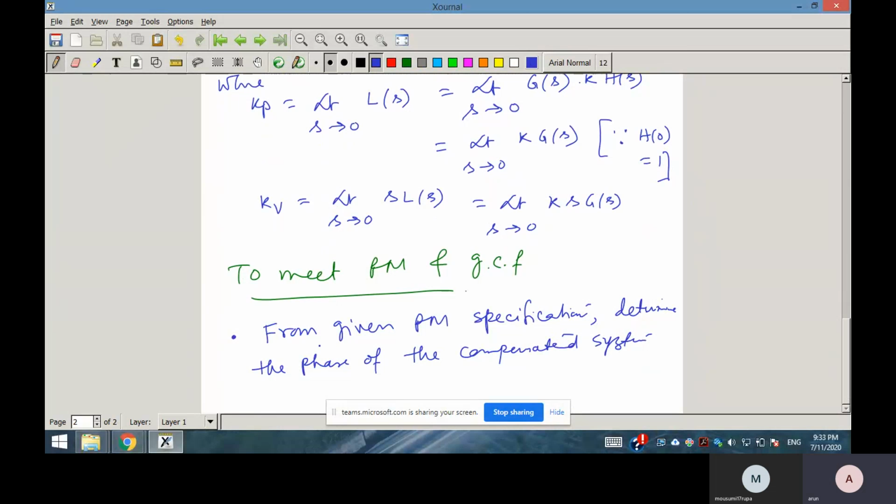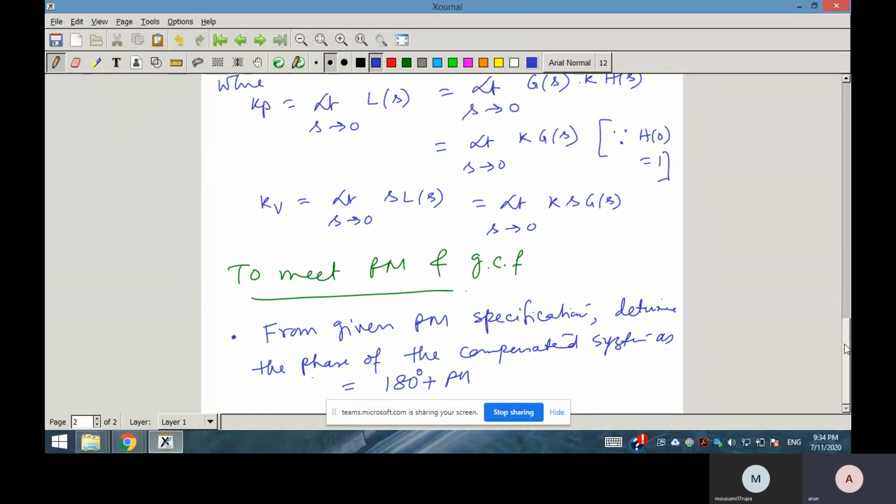So from the given phase margin specification, determine the phase of the compensated system. If the phase margin is PM, what is the phase of the system? 180 degree plus phase margin.